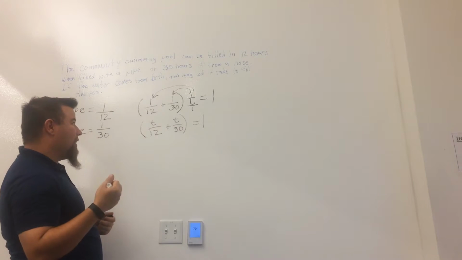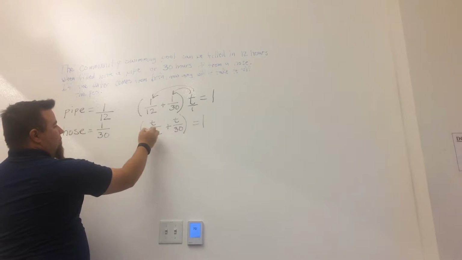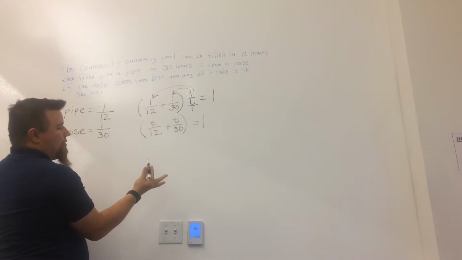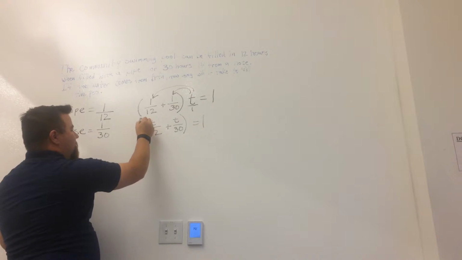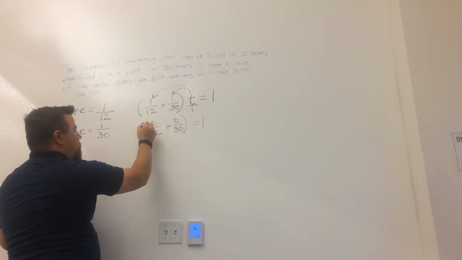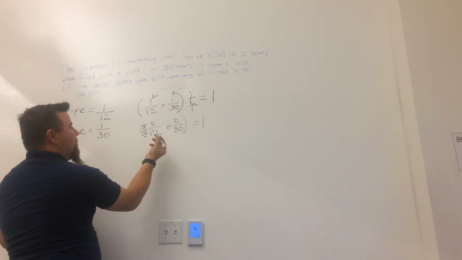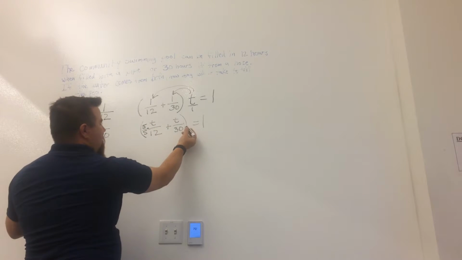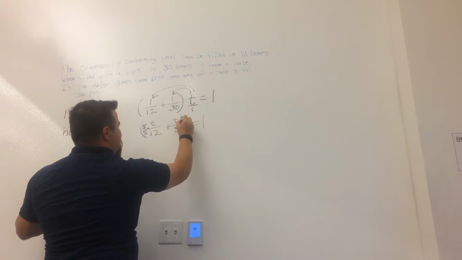So I have to multiply by a special form of 1, which is 5 over 5, because 5 over 5 equals 1, right? And on this side, I'm going to multiply by a special form of 1 as well, and that's going to be 2 over 2.